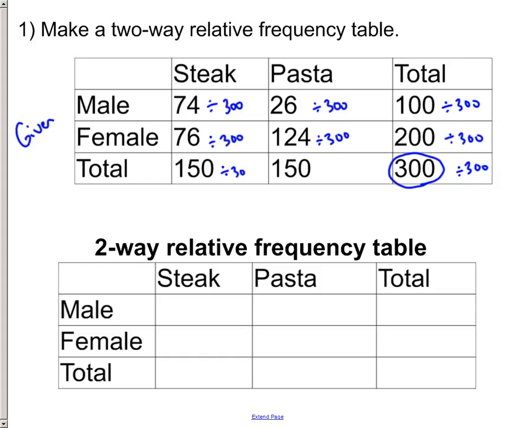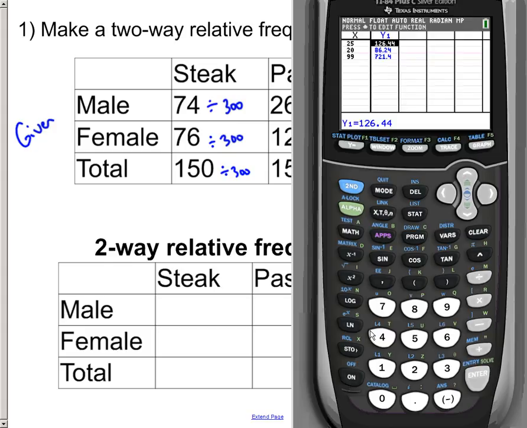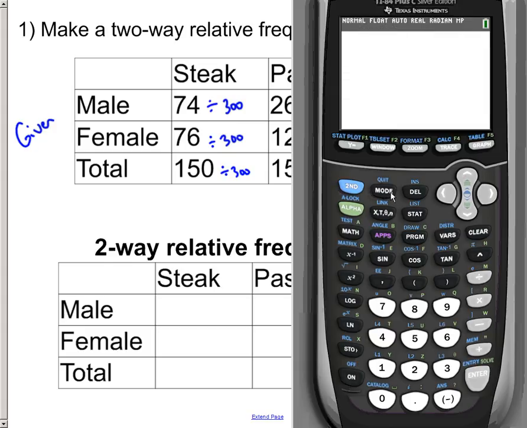You pull out your calculator, and let's clear it back to the home screen. 74 divided by 300 equals 0.246 repeating.